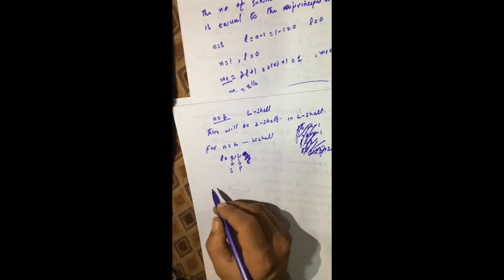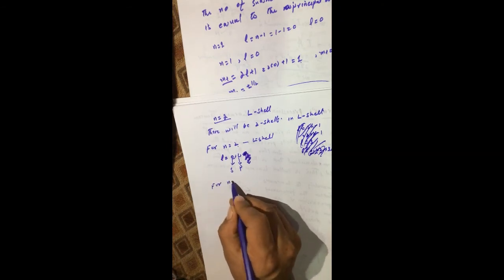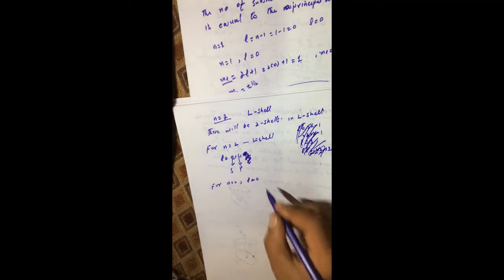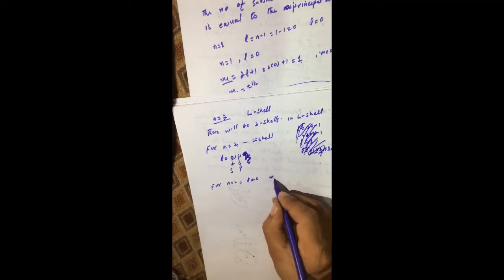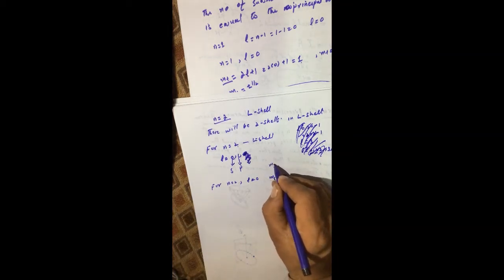Now, we already discussed that for n is equal to 2 and L is equal to 0, we have magnetic orbital quantum number ml, which is value 0. We already discussed in the previous example, because ml has values 2l plus 1.